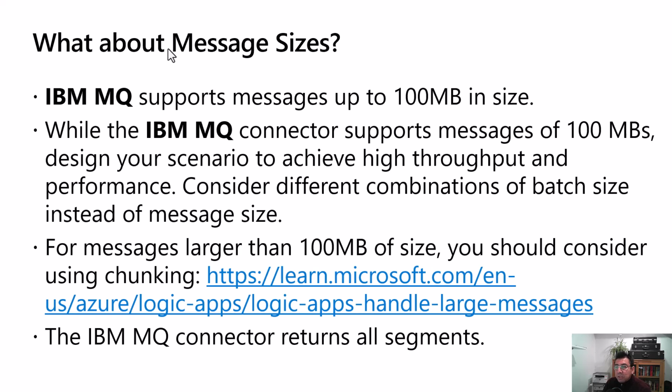We advise you to design your scenario to achieve high throughput and performance. Consider different combinations of batch size instead of message size. For messages larger than 100 megabytes, you should consider using chunking. There is an article on how to do so. And as far as segmentation, the IBM MQ connector always returns all the segments.